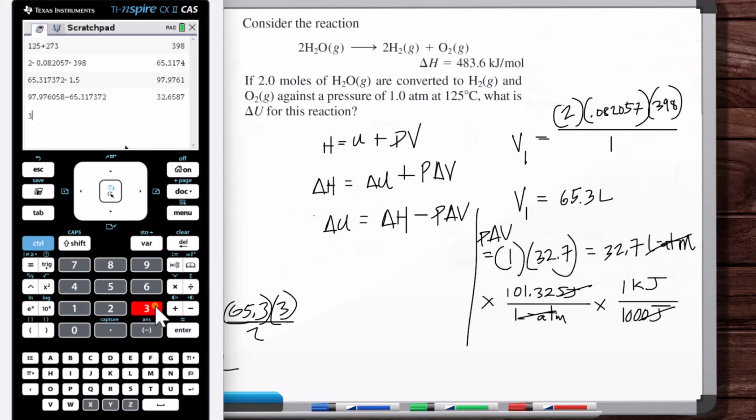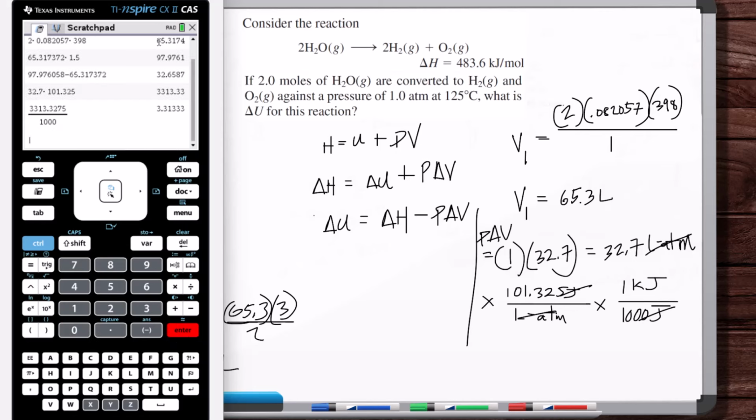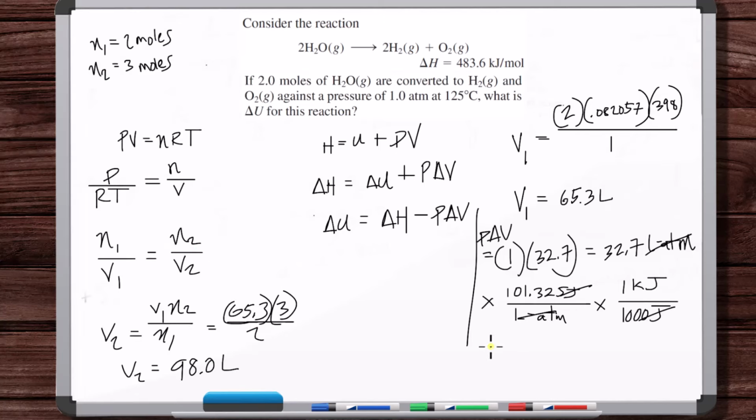So 32.7 times 101.325 divided by 1,000 gives 3.31 kilojoules. So that's the P delta V work done.